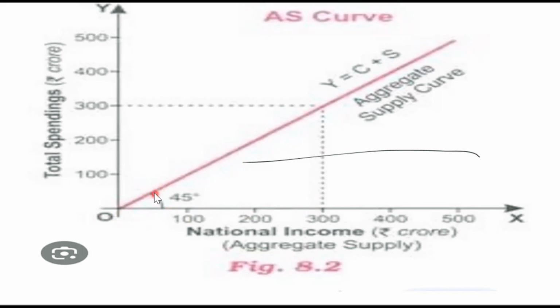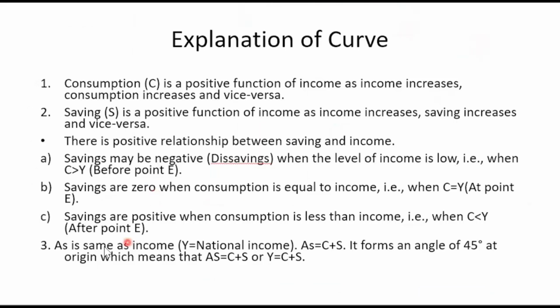So in today's session, we have studied the aggregate demand. We have studied the aggregate supply. But as I have told earlier, whenever we are using a diagram, it is important to give explanation. So let us go for the explanation of the aggregate supply curve. We'll see the relationship between income and aggregate supply.